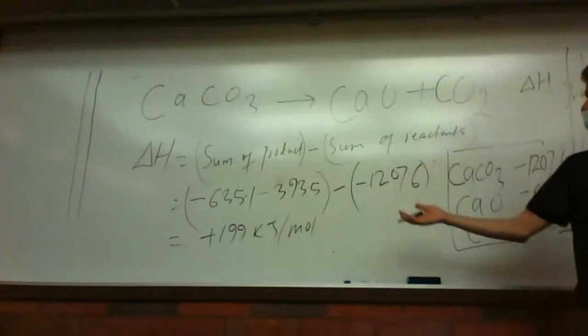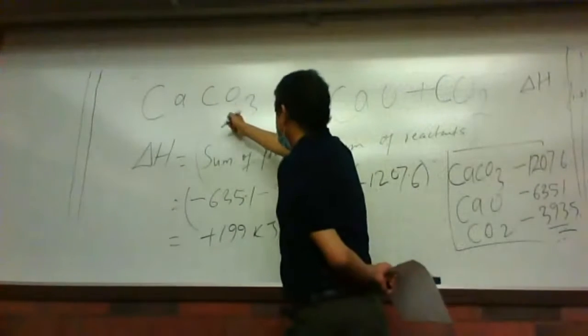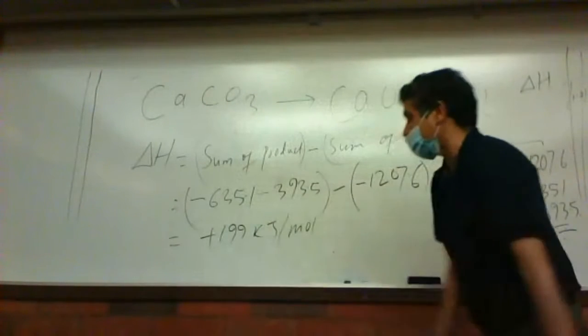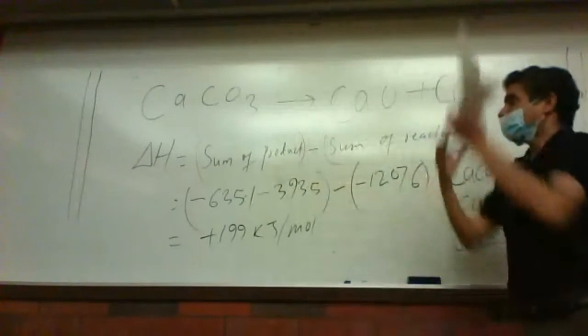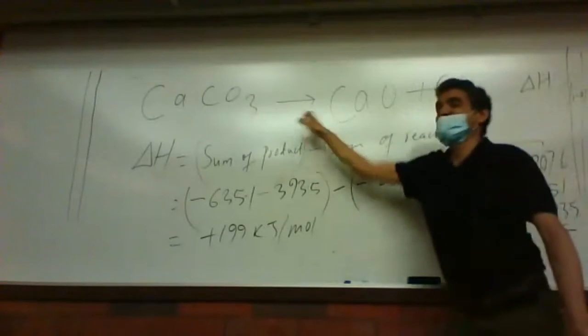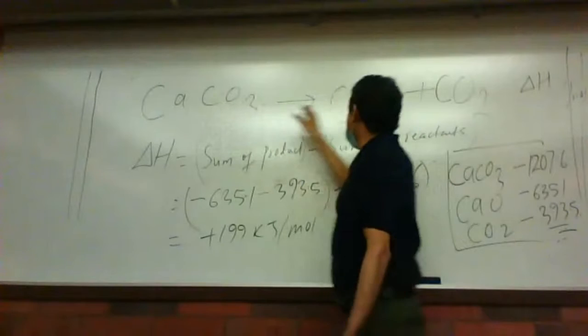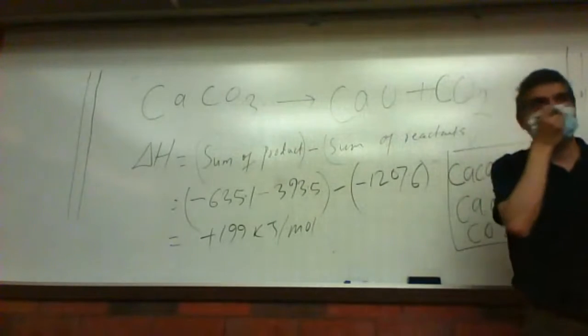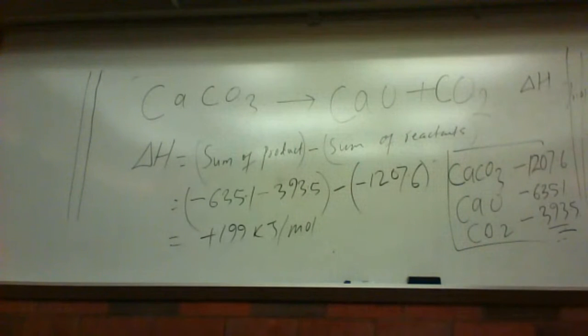Make sense? So what does that mean? If I want to break this one, I need to burn fuel, and I need to put that heat into calcium carbonate, and only then does it break. It is not working as a fuel. Breaking of calcium carbonate into calcium oxide and carbon dioxide is not working as a fuel. It's not giving us heat.